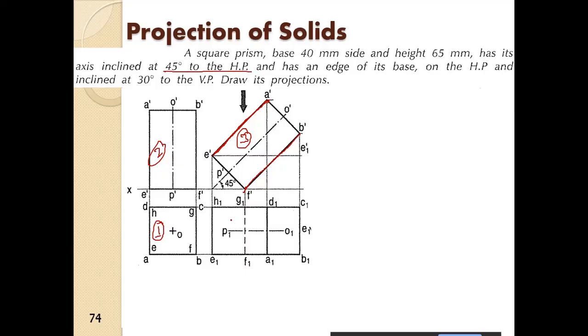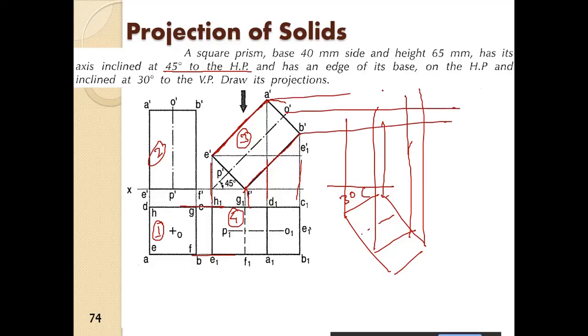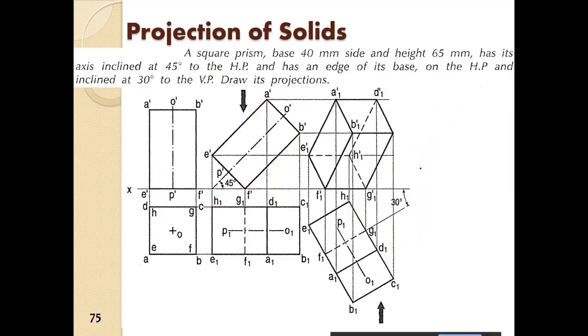Alright, and then step 4, you drop projectors down, and you get this one. Then we have to rotate this such that it is making an angle of 30 degrees. So very easy. Right, from there you project up. Alright, and from here project left.